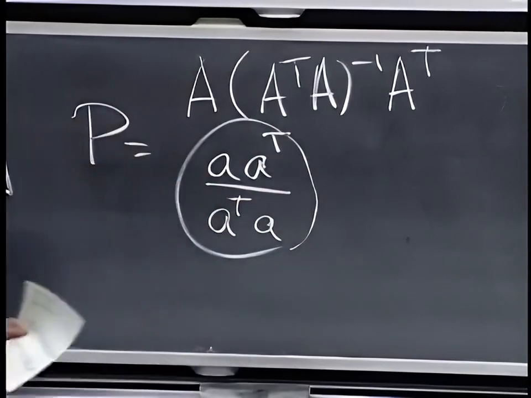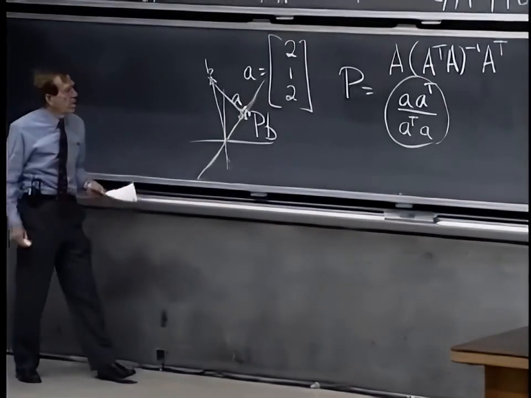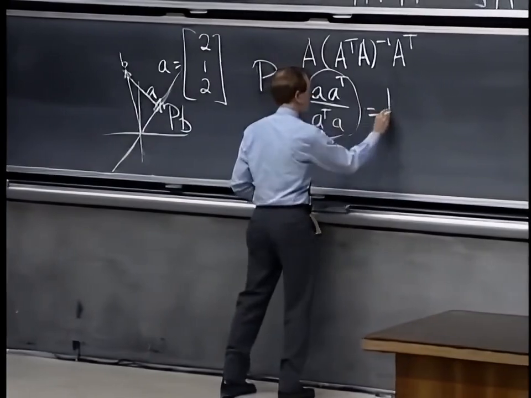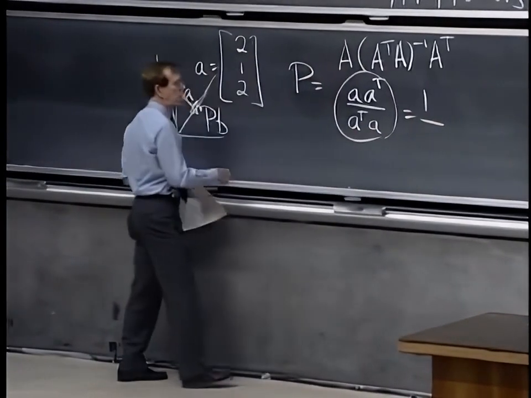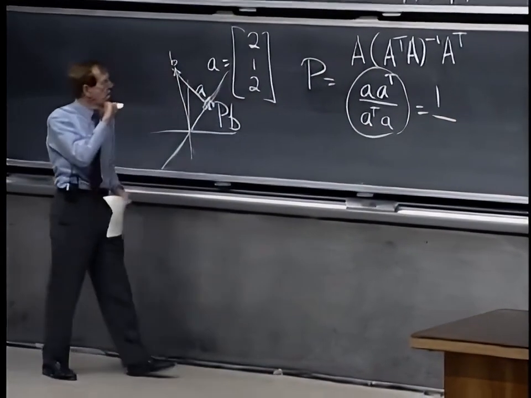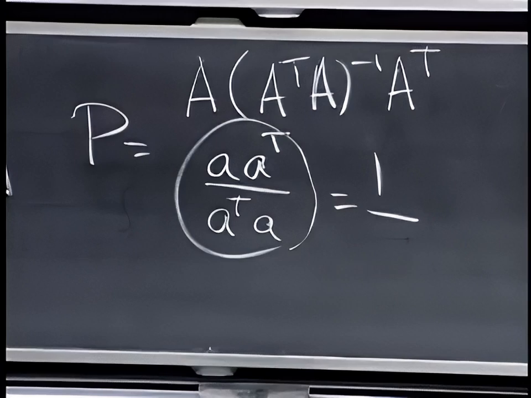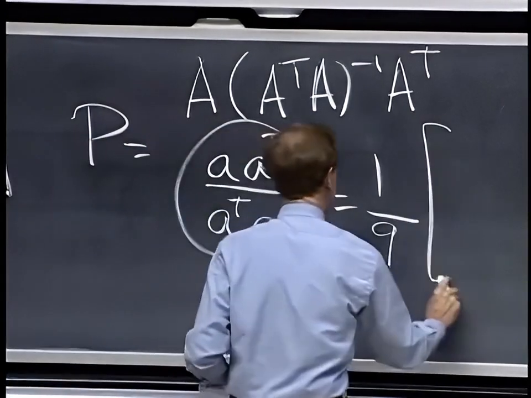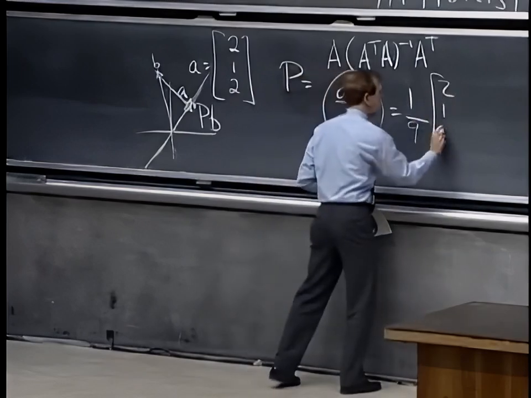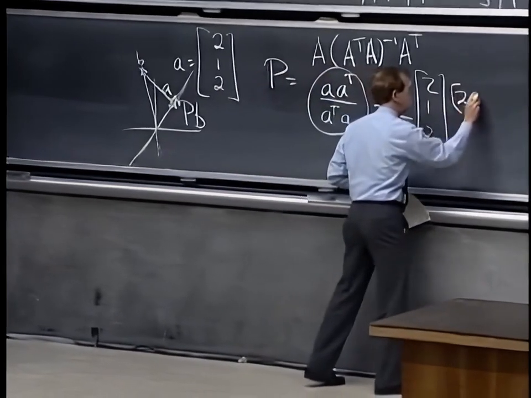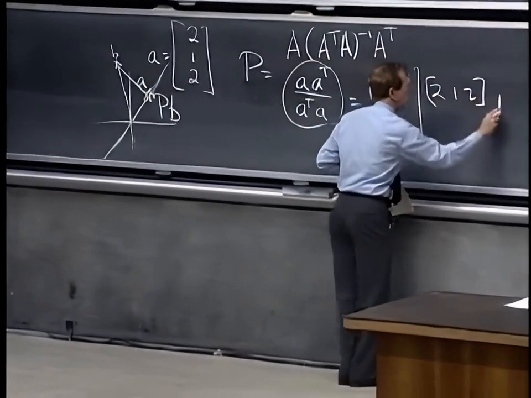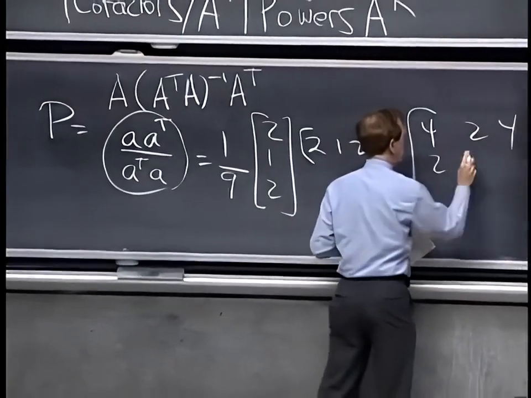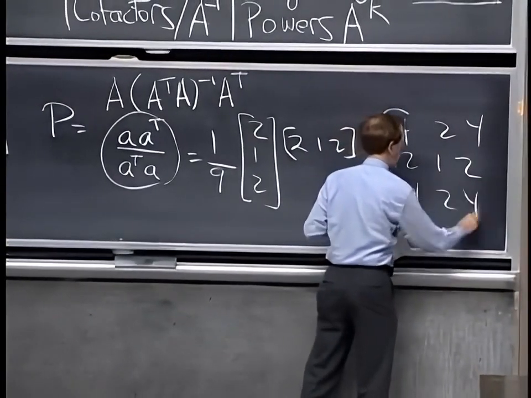So that's really what we want to remember, and using that 2, 1, 2, what will I get? I'm dividing by, what's the length squared of that vector? So what's a transpose a? Looks like 9. And what's the matrix? Well, I'm doing 2, 1, 2 against 2, 1, 2. So it's 1/9 of this matrix. 4, 2, 4, 2, 1, 2, 4, 2, 4.